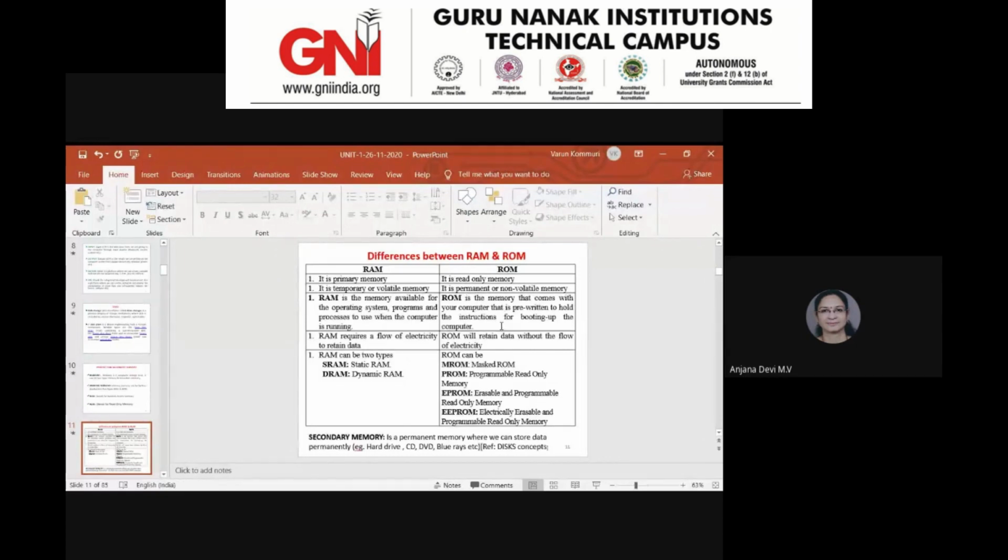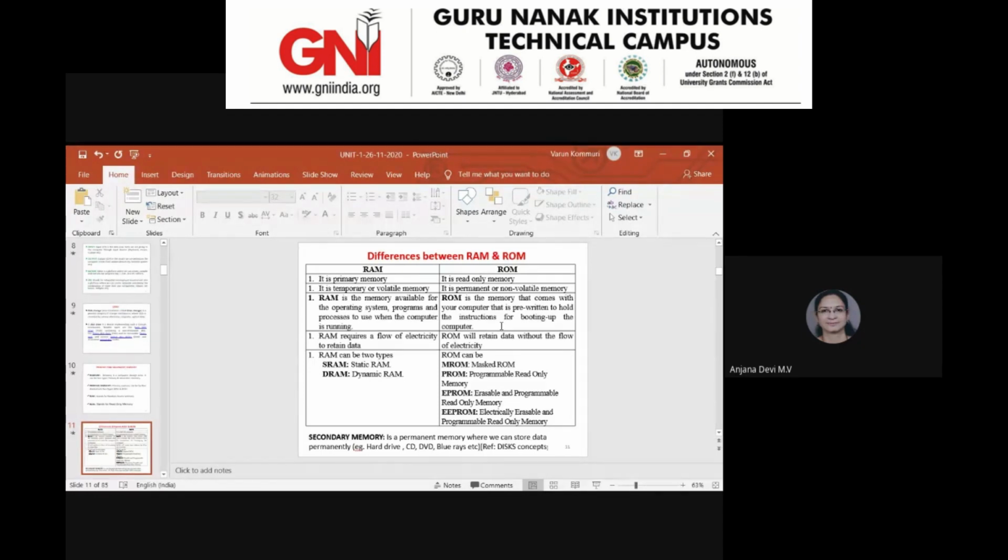RAM requires flow of electricity to retain the data. But in case of ROM, without the flow of electricity, the data will be retained. That means even though flow of electricity is not available, the data will be there in the system.